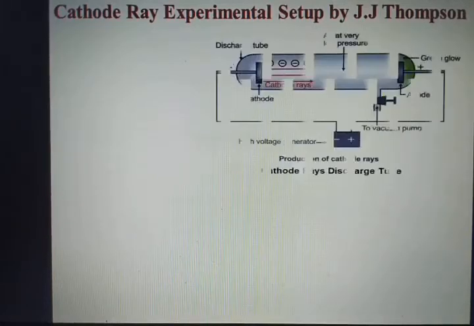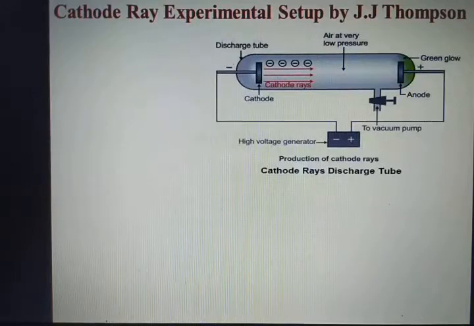How? In this way. He made an experimental setup. There was a tube, a discharge tube, and he connected two terminals, a positive terminal and a negative terminal. The anode is connected to the positive end of the battery, and the cathode is connected to the negative end.